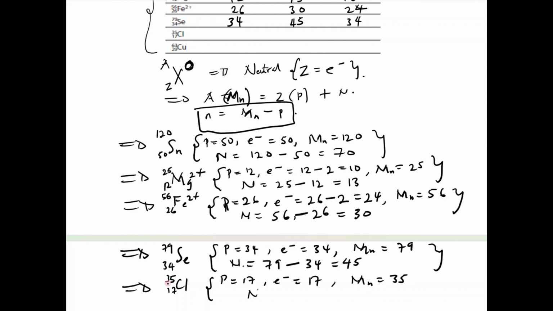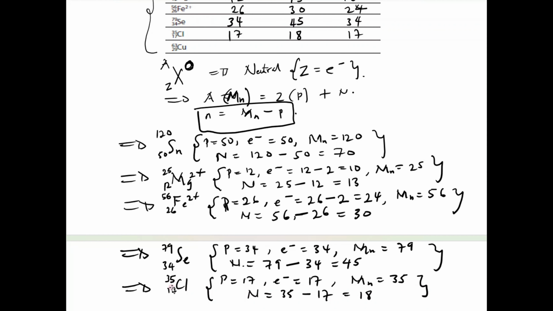So the number of neutrons here will be 35, the mass number, minus 17, the proton number, and this will give us 18. So the proton number is 17, the neutron number is 18, while the electron number is also 17.